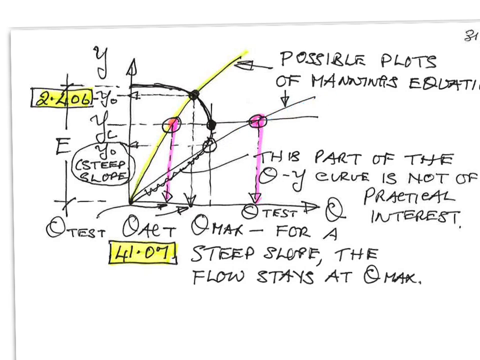So what does that mean? Well, if the intersection is somewhere between this point and the maximum, then the actual flow we get would be given by this intersection point here.